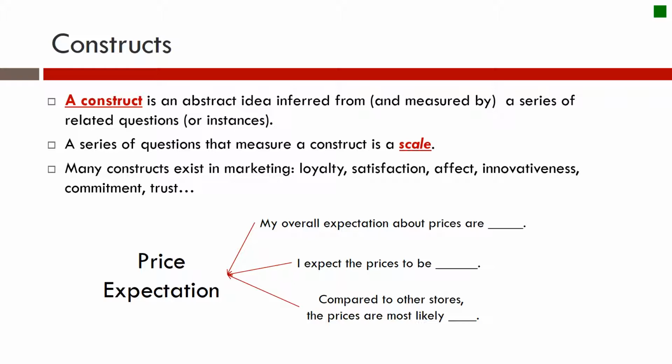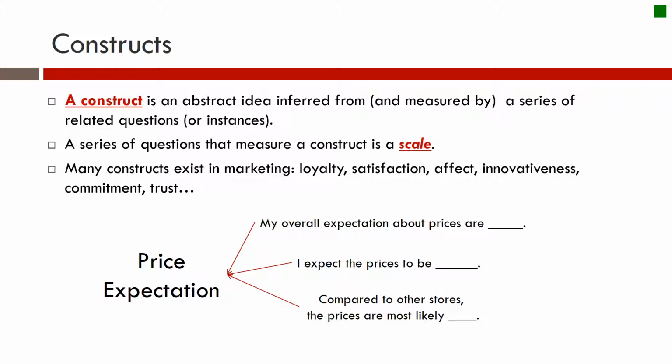So my overall experience about prices are, and this would probably be on a scale from unfavorable to favorable, maybe a 7-point scale where if somebody did a 1, it would mean unfavorable. If they were on the other end of the scale, a 7, it would mean favorable. So we'd have a numeric representation on a scale for that question.